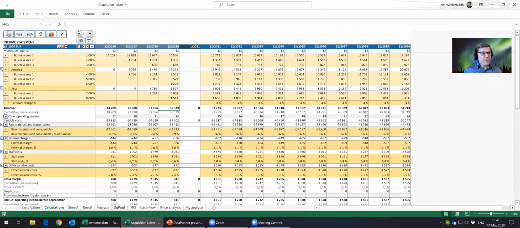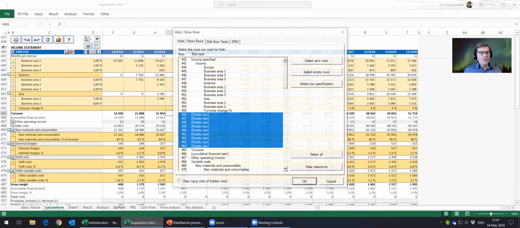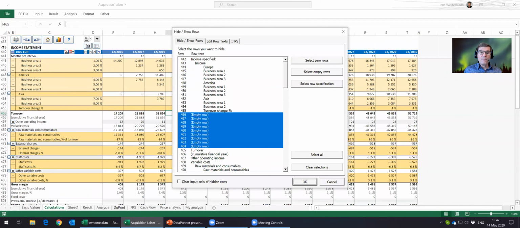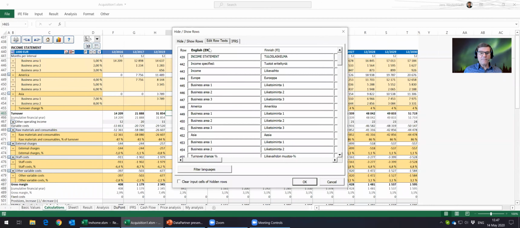You go top left, a small button below the income statement heading, or on every page there's the same button. The first tab shows you can hide and unhide rows. The second tab is renaming.